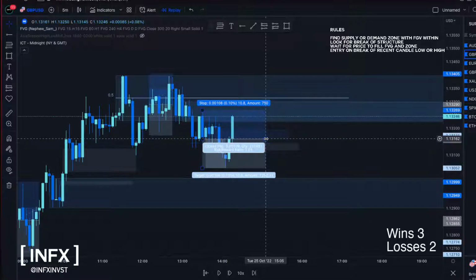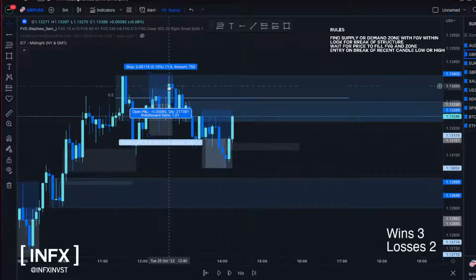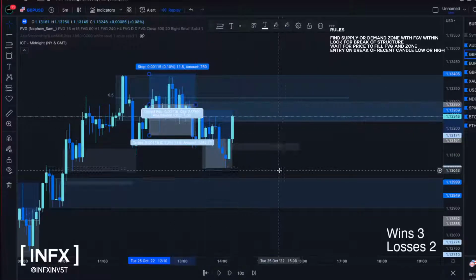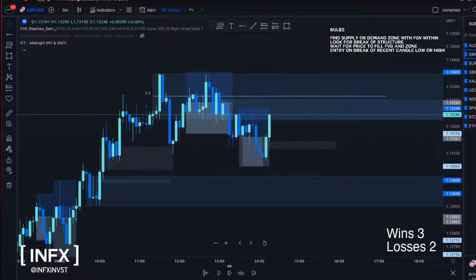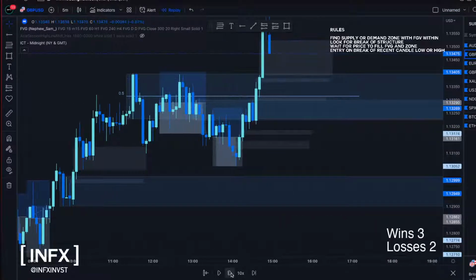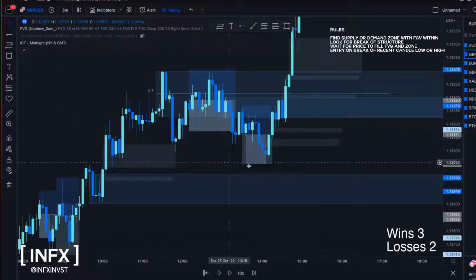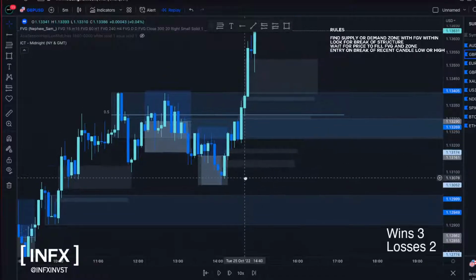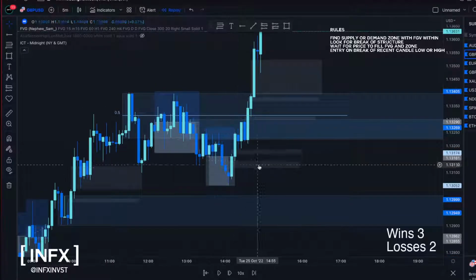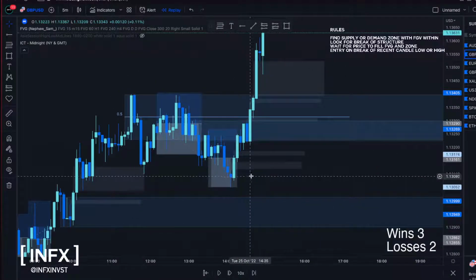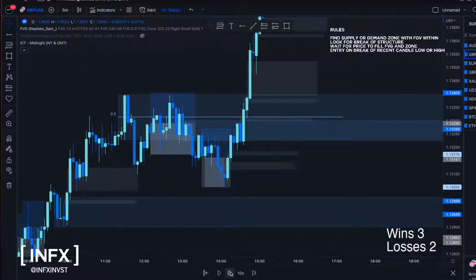We got a win. Just about. Okay, so that was a real tipper there. I think we'll probably get stopped out after that. Yeah. So that was a real close shave, that one. But it is a win for our 1-to-1. So let's keep on moving.